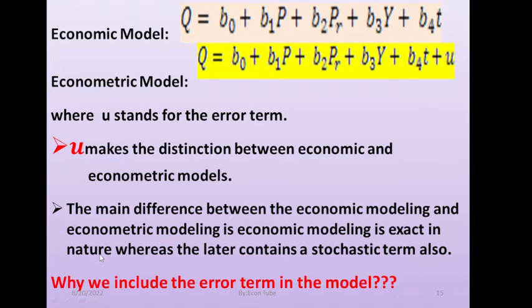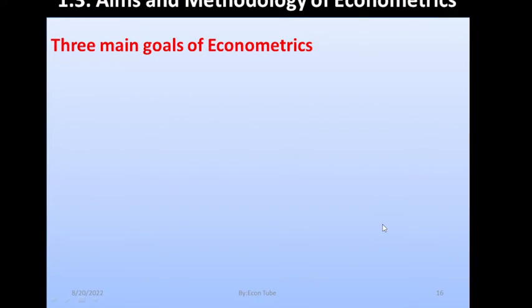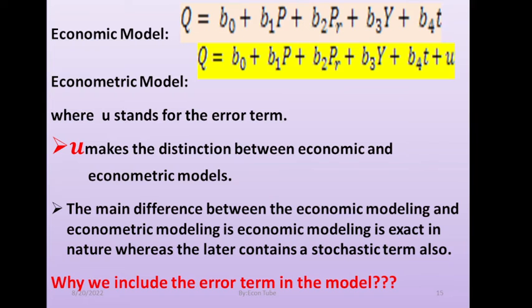Why do we include the error term in the model? Why have we included u, or the error term, in the model? In order to hold errors which are not captured in our model. An economic model shows an exact relationship, but in the real world there is no exact relationship.